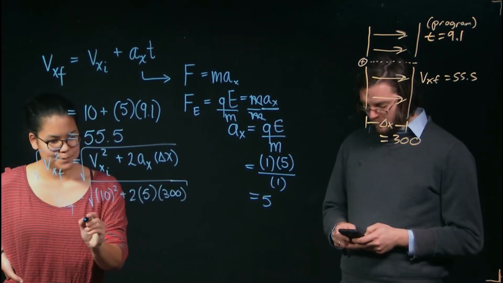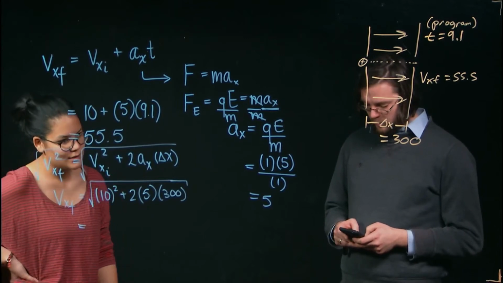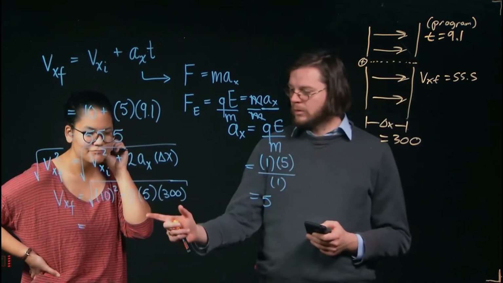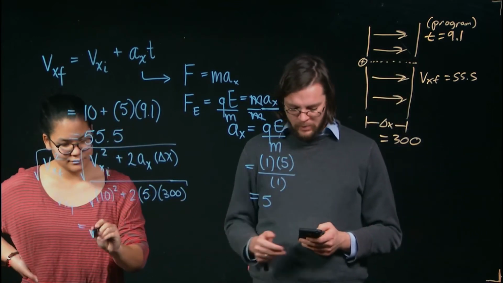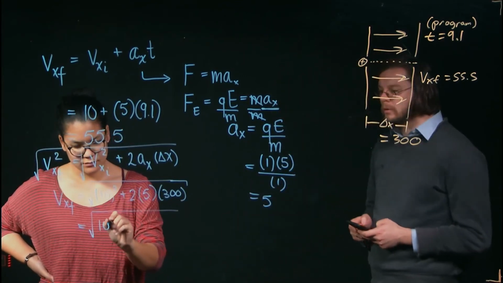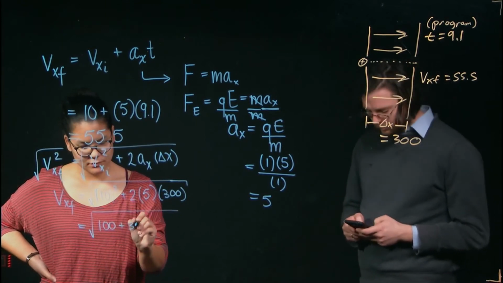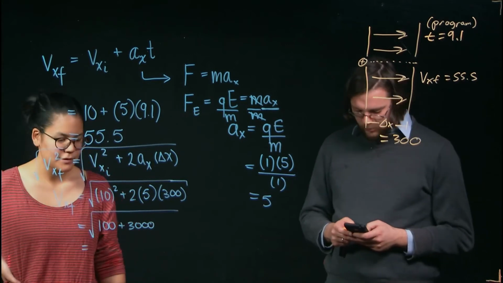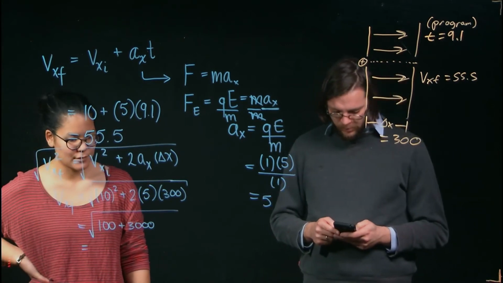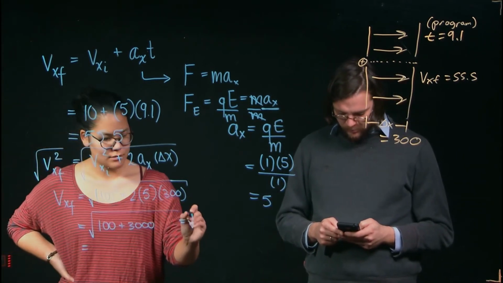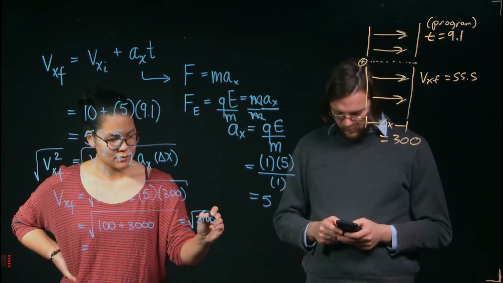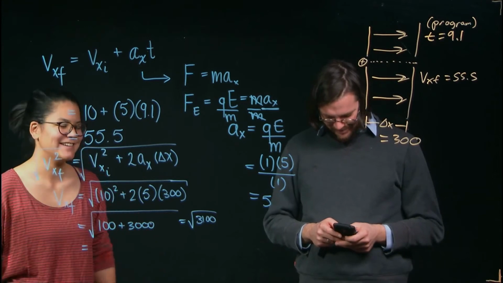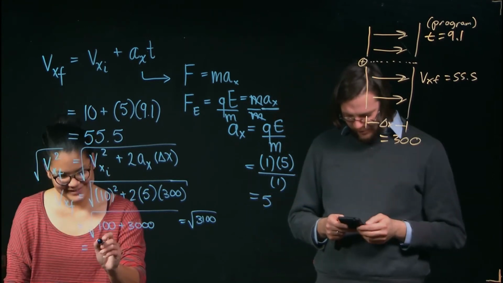So 2 times 5 times 300 is 2 times 5 is 10, so that's 3,000. 10 squared is 100, so that's 3,100, and then the square root of that is 55.67.